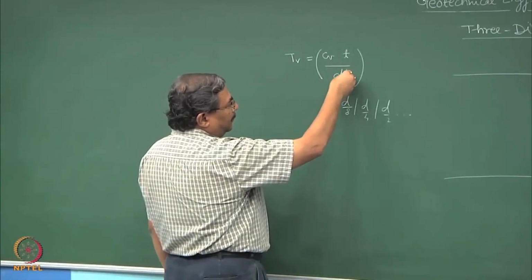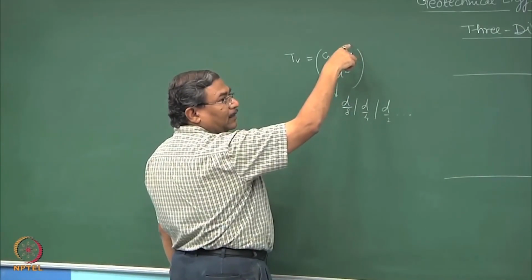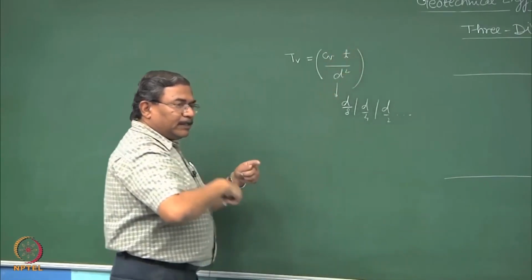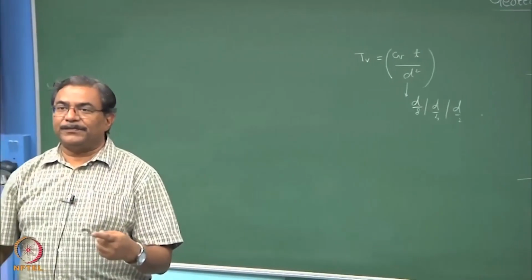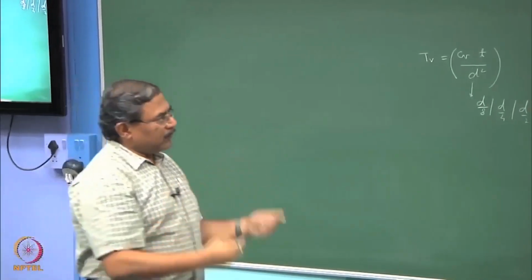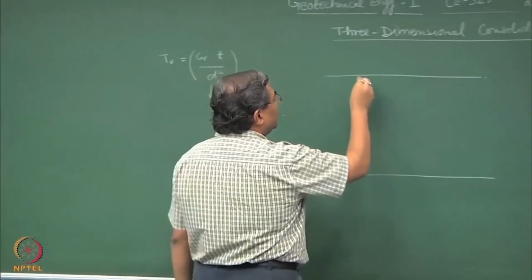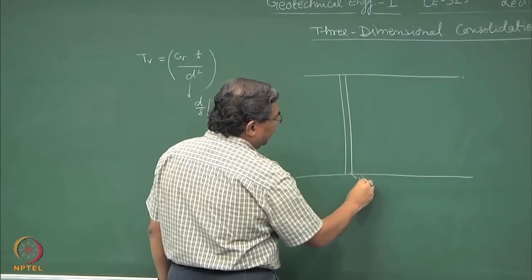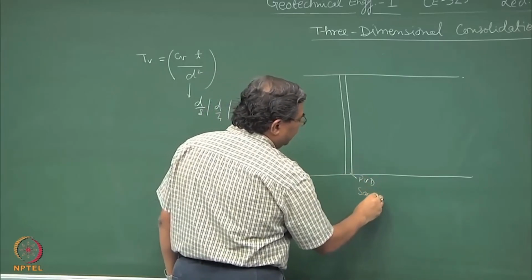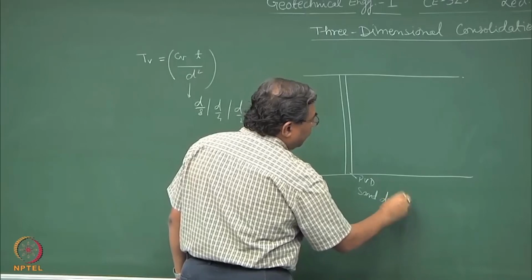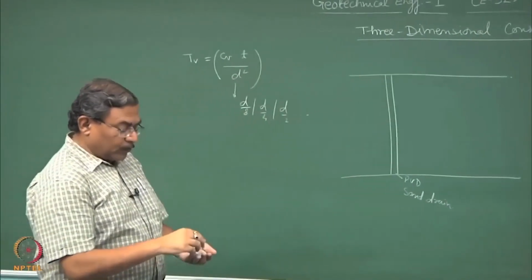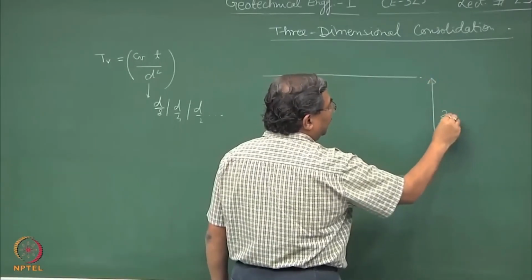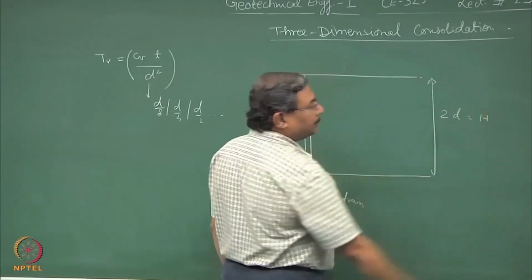This will become d upon x square. Okay. So, that means I get an advantage in terms of the time, x square times. So, where do we use this concept? If I install a vertical drain over here, so this becomes a PVD or a sand drain. Earlier, without installation of this, the drainage path was 2D, which was the height of the clay column.